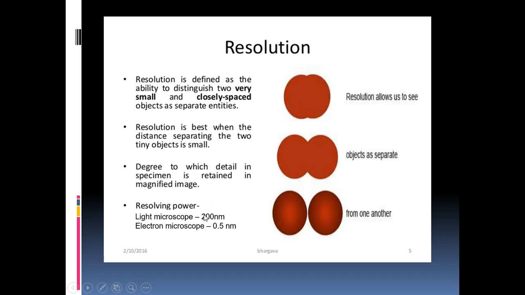Any object or gap smaller than that, the light microscope will not be able to differentiate it. Okay, so in order to see the two dots clearly, you can use an electron microscope because it has higher resolution that can differentiate objects or gaps as small as 0.5 nanometers.